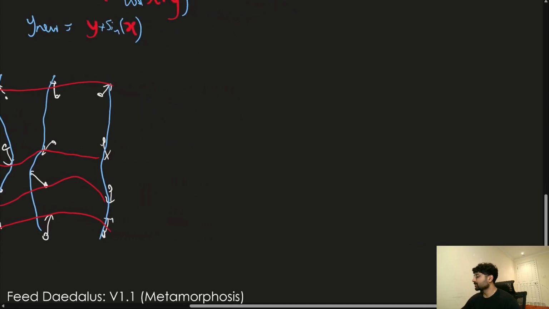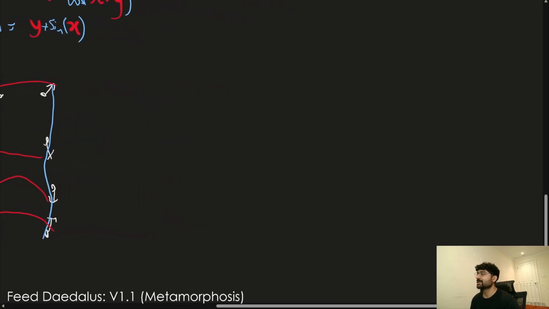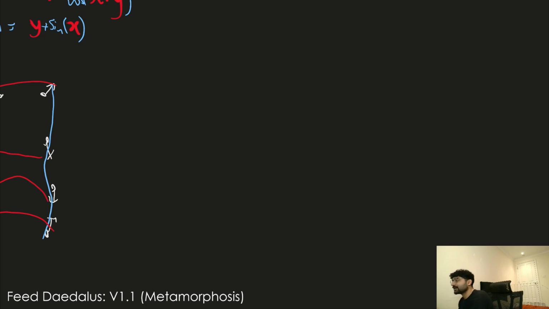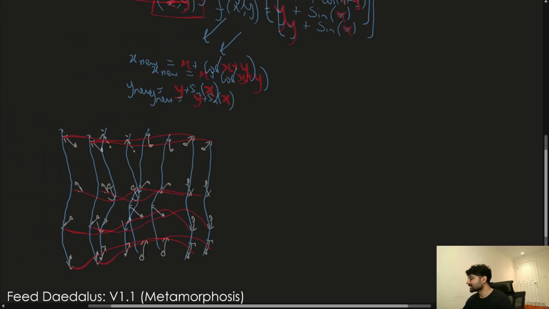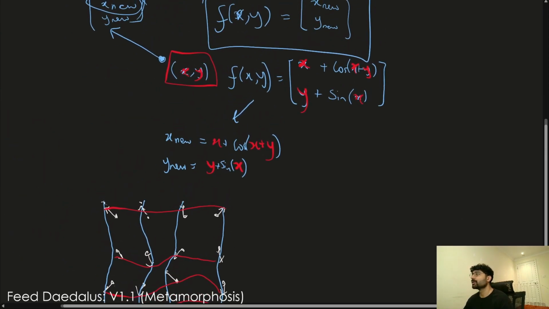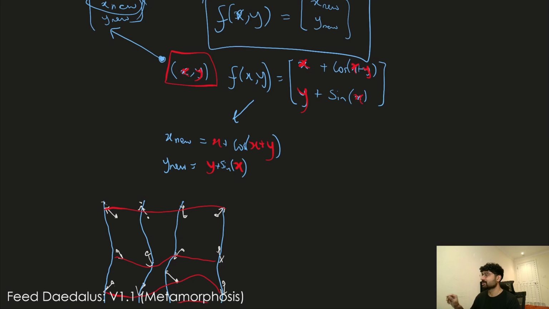The final piece to this puzzle is, how do we include that linear interpolation from going from one function to another? Well, we start out by defining the two functions. Previously in this example, we had f of x, y equal to, for the x component, x plus cos x plus y, and for the y component, y plus sine x.